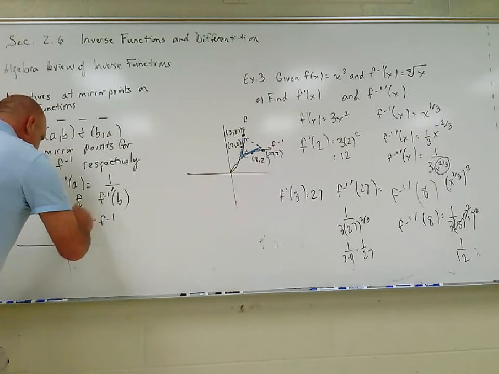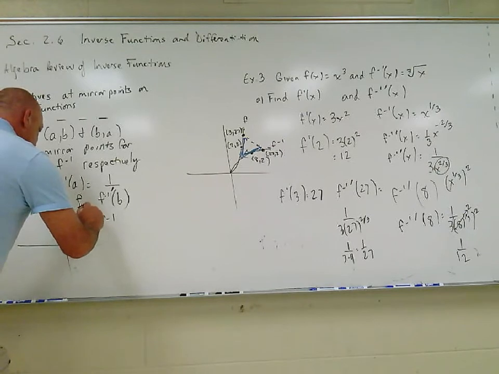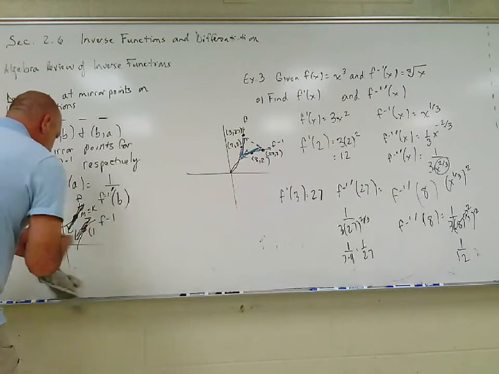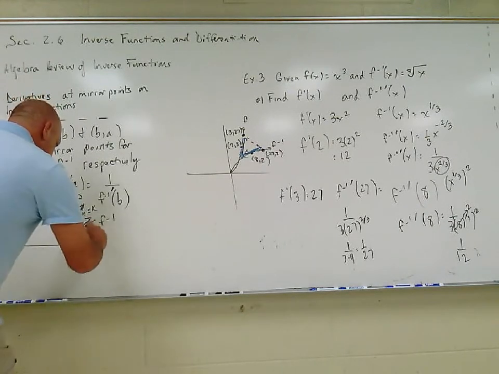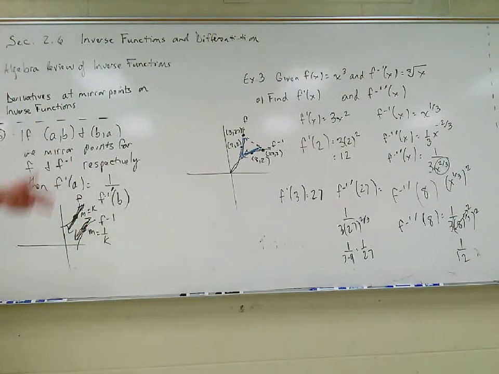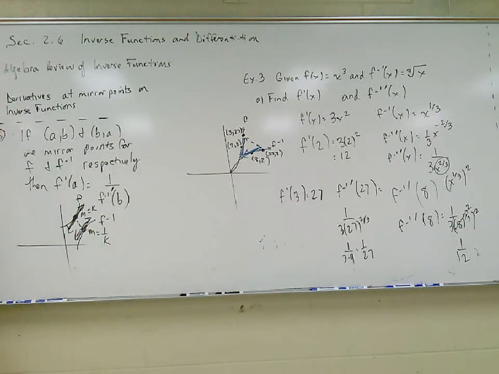Let's say this slope here is K, then this slope here has to be 1 over K. Those slopes have to be reciprocals of each other at mirror points.